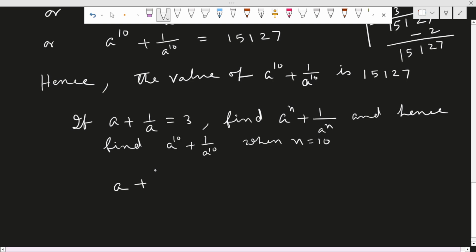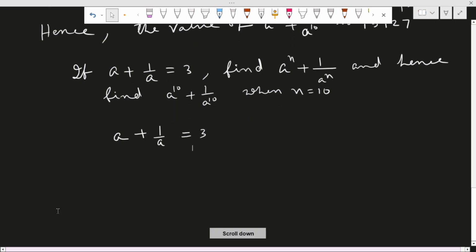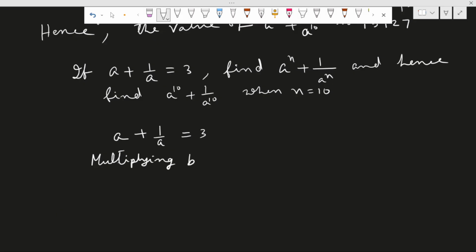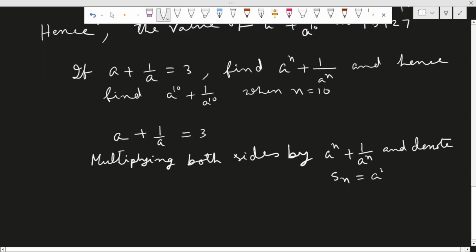a plus 1 by a is equal to 3. Now multiplying both sides, and denote Sn is equal to a to the power n plus 1 by a to the power n.